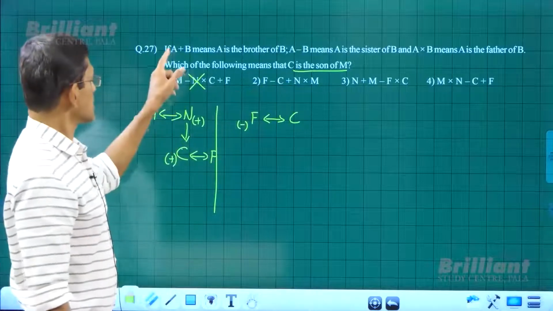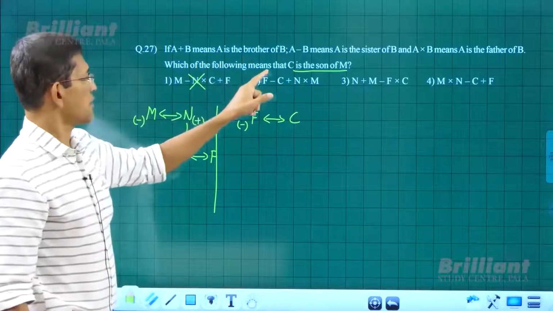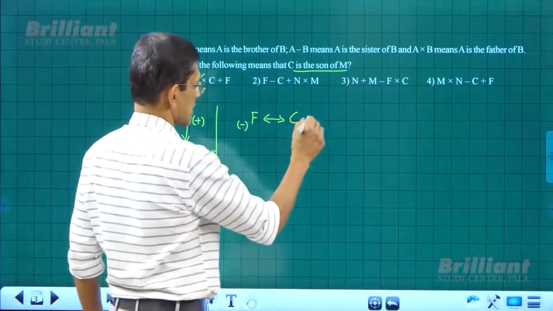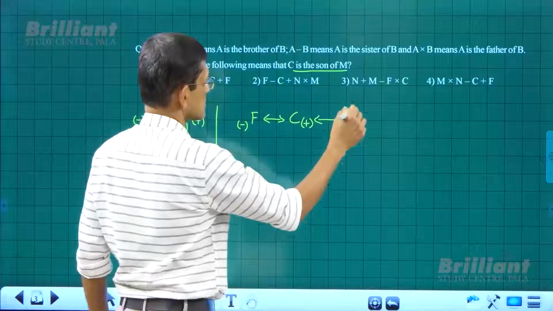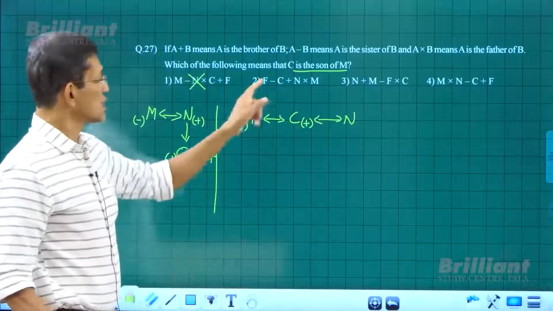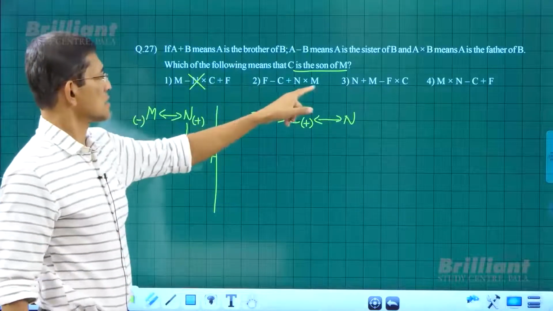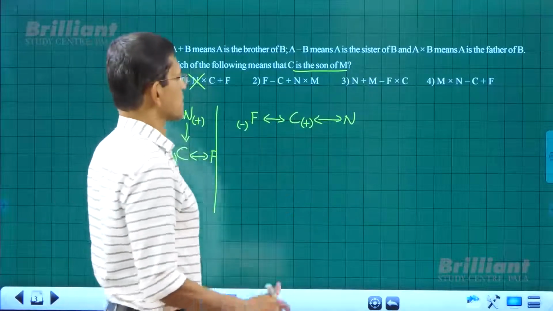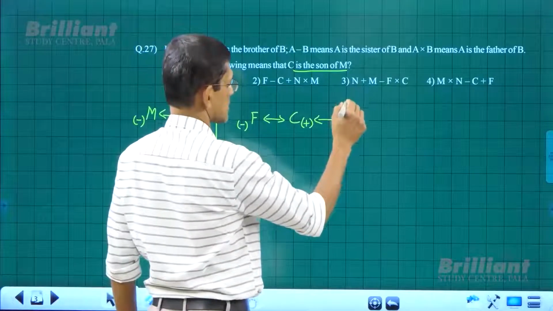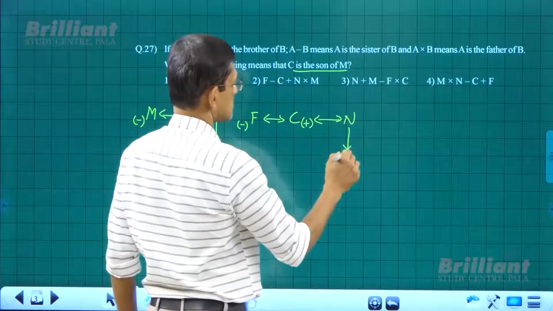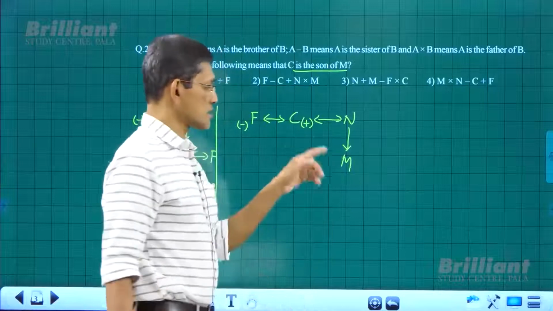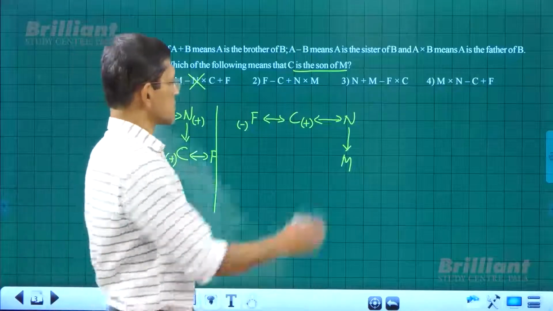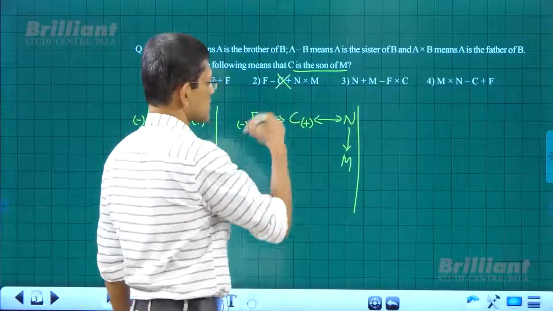C plus N. C plus N means C is the brother of N. C must be the brother of N. And N into M means N is the father of M. N must be the father of M. So in this case, C is the uncle of M, right? What we need is C is the son of M. So the second one doesn't work.